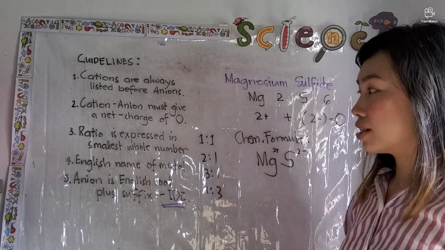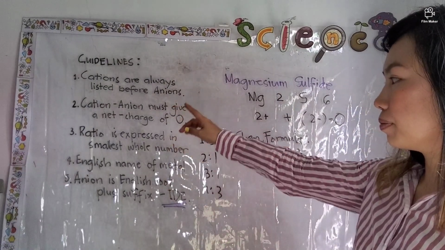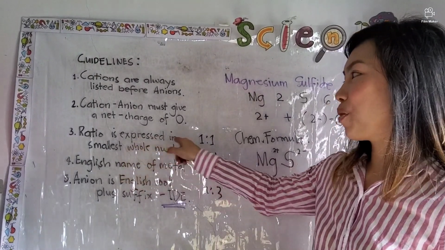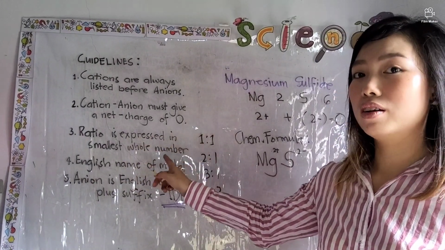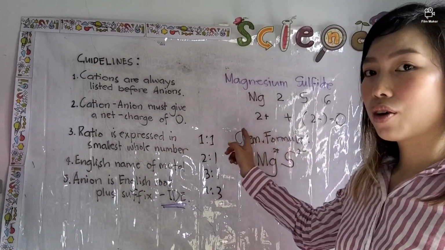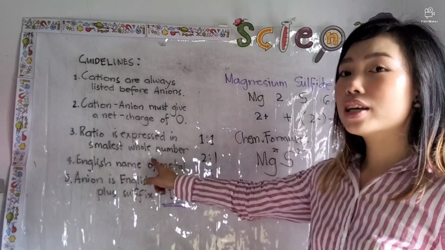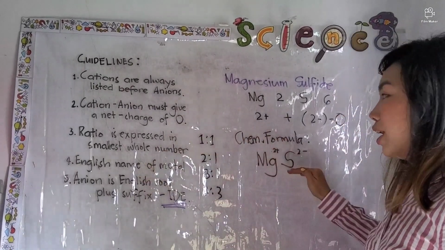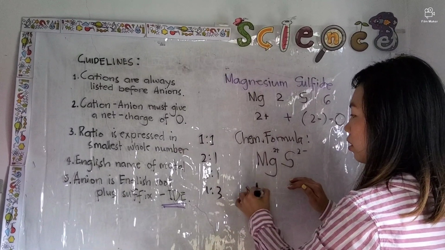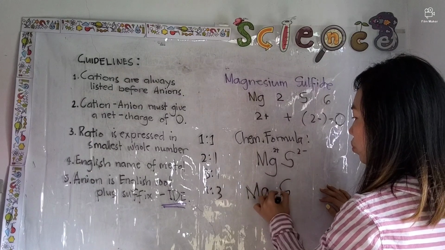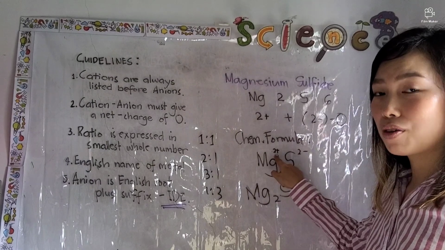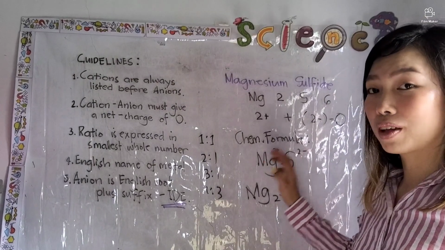I forgot to discuss the ratio is expressed in the smallest whole number. So, yung ratio natin, which is 2 and 2, should be written in their smallest whole number. So, in writing the chemical formula, supposed to be, pwede yung Mg2S2 because of their ions of 2 positive and negative 2 for magnesium and sulfur.